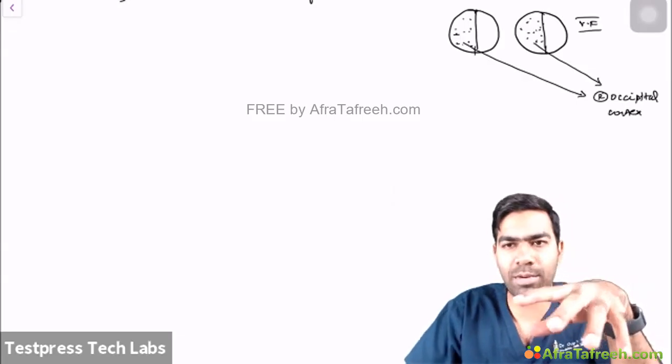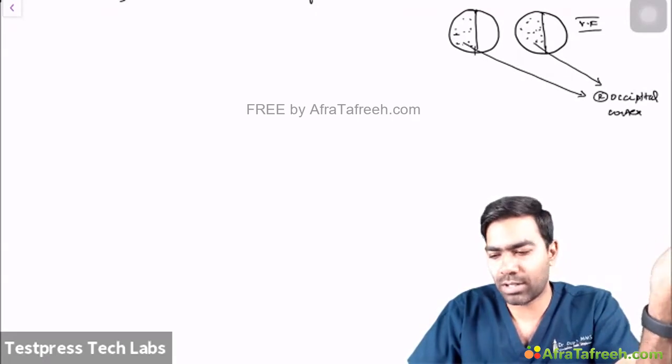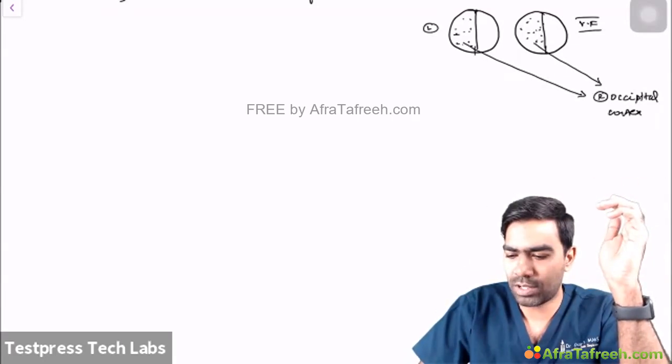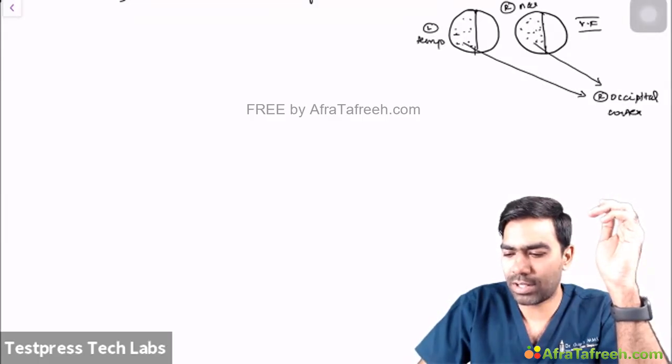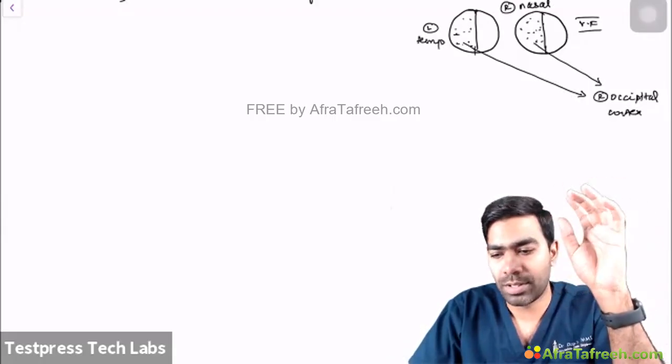Please understand, I'm not talking about the retinal branches. Whatever is seen on the left side goes to the patient's right occipital cortex, which means this is the left temporal field and probably a right nasal field. You're talking about only visual fields.